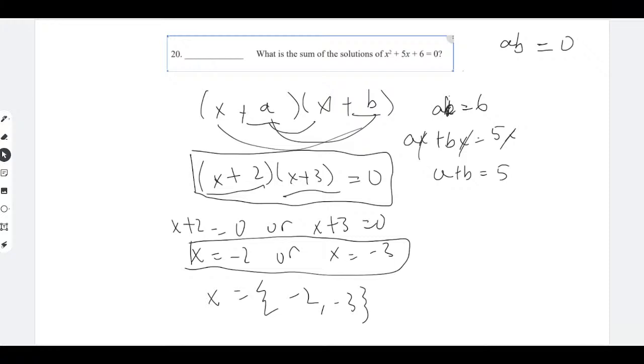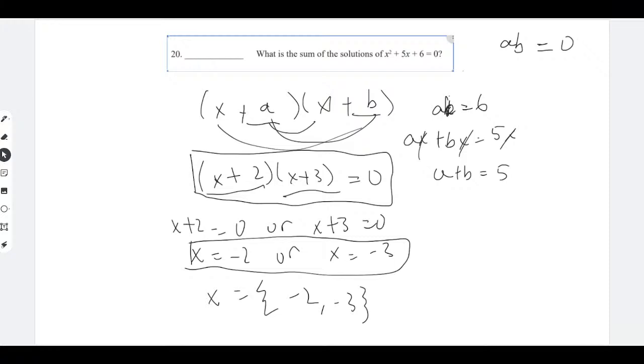If you have solutions of an equation and it has some x terms in it, usually you want to find what x can be equal to in the equation such that it satisfies the equation, right?